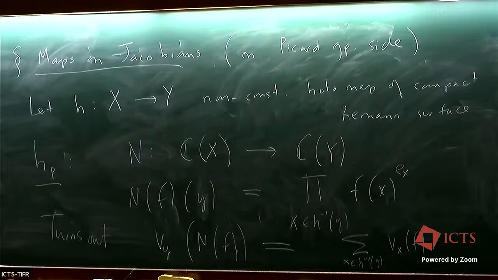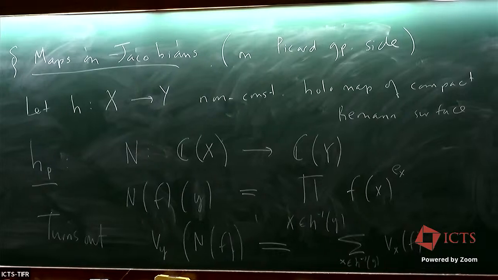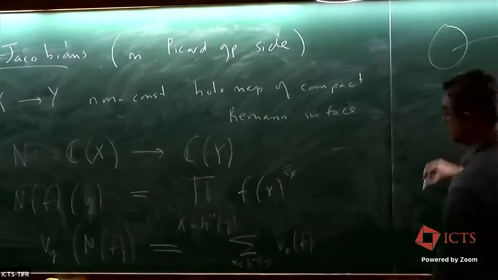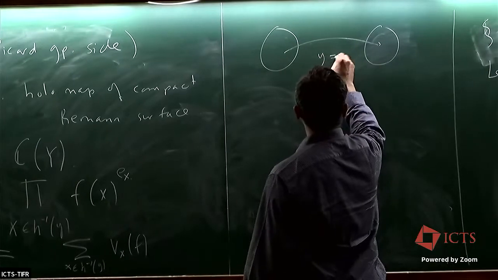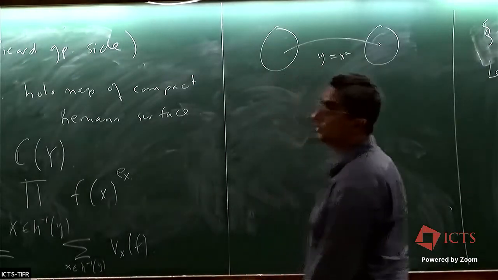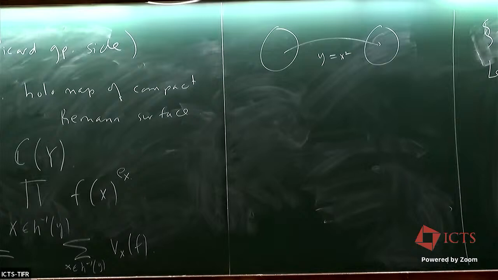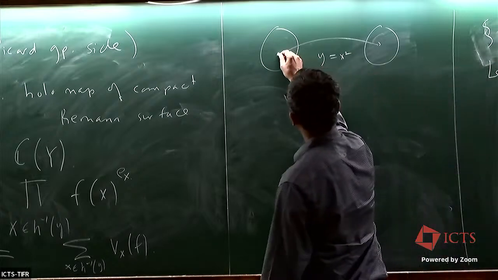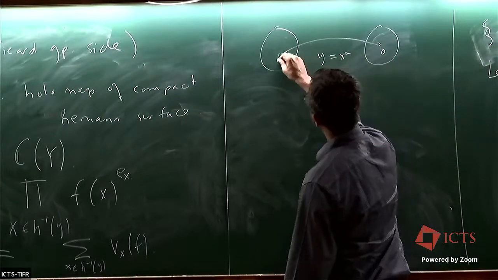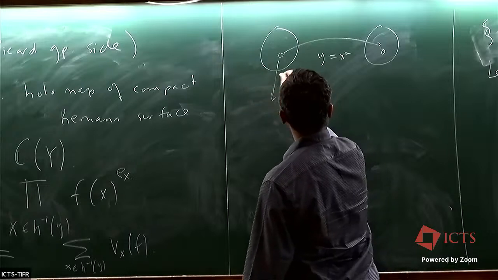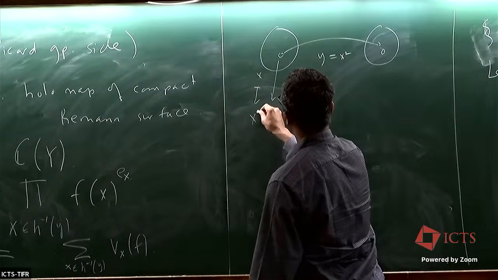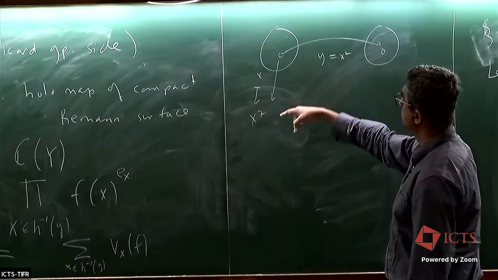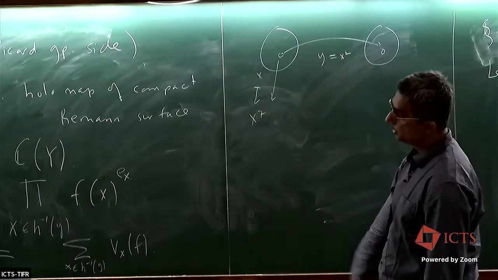So why is this true? This is just something in local charts. Let's do an example. Suppose you have the function y equals x squared. The ramification index is 2. 0 goes to 0. I'm just taking the simplest baby example. And suppose you have something like x goes to x to the 7 here. You have to figure out what happens to this function under that operation.